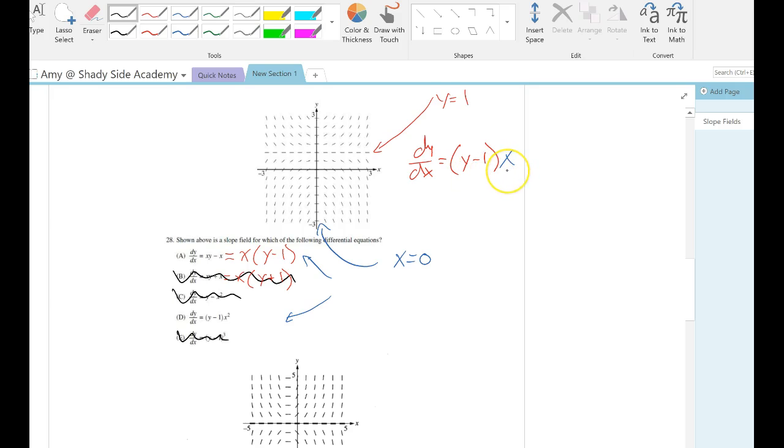Now that we've taken care of that, we have to decide between A and D. This is where it might be good to just plug in a point. If I plug in (3, 3), notice up here that the slope is positive. If I plug that into my differential equation, either one of these, I'm going to get 2 times 9 here, so that's 18, and up here I'll get 3 times 2, so 6.